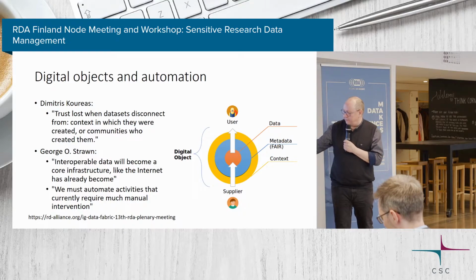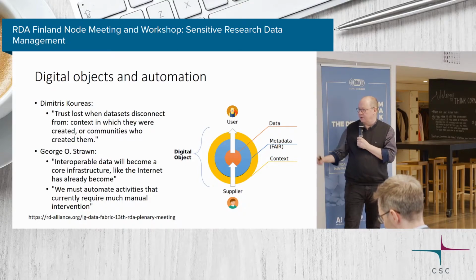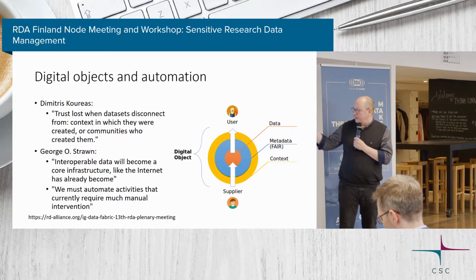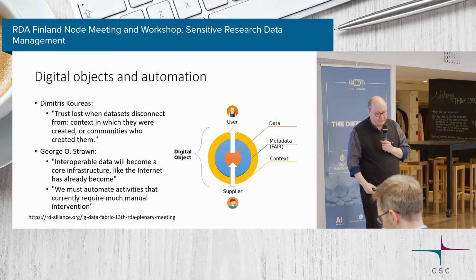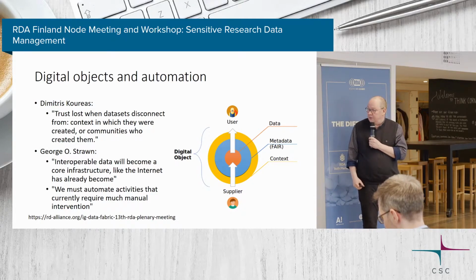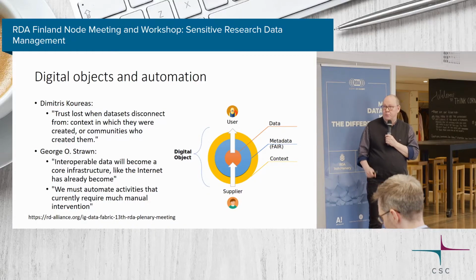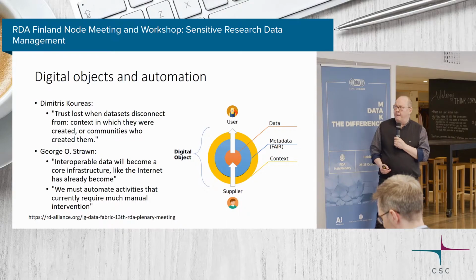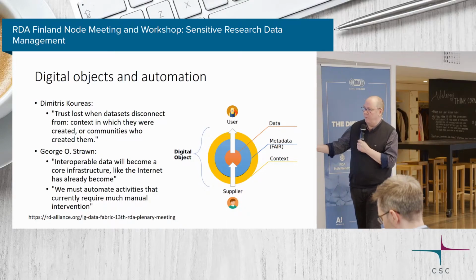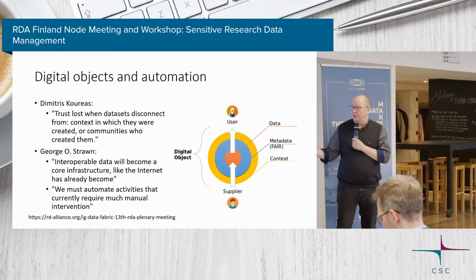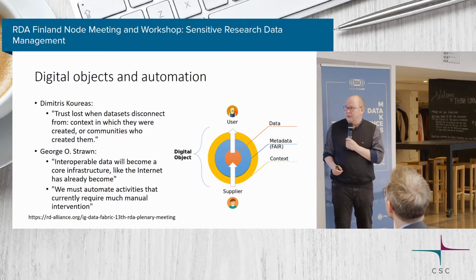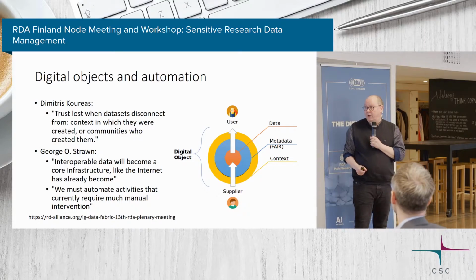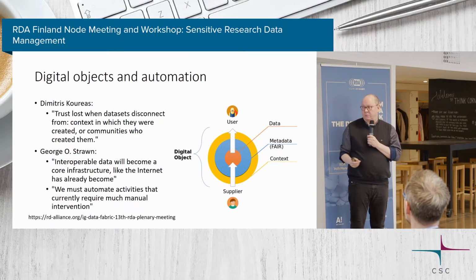This is not one file, but there are linkages between data, metadata, context, and other things in the same digital object, which could be, for example, like a database. When you have more information about data, you can have more trust, like Dimitris Koureas says. And it gives us also more interoperability with data.